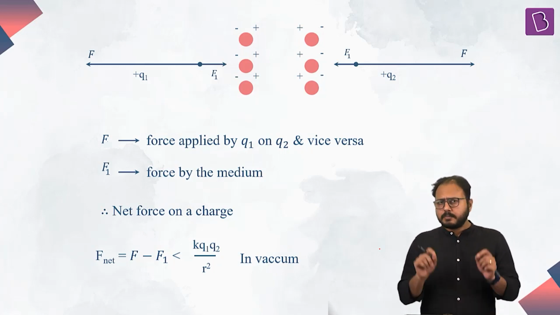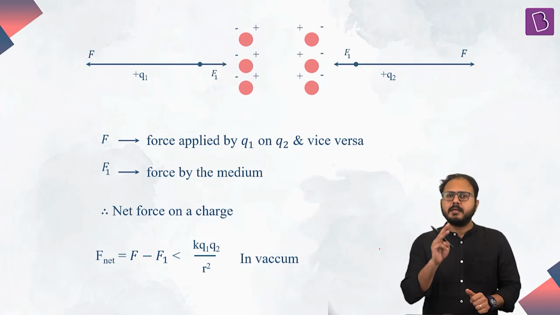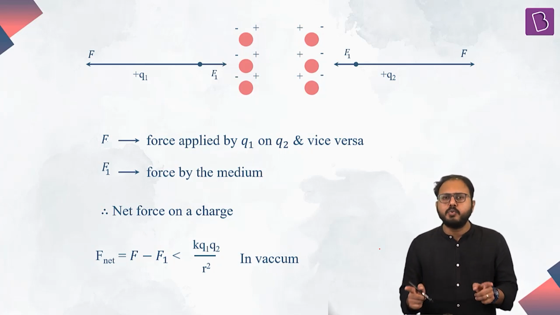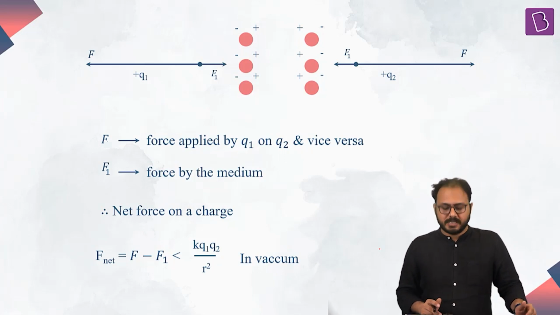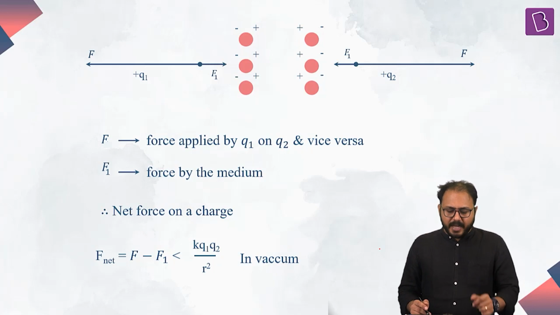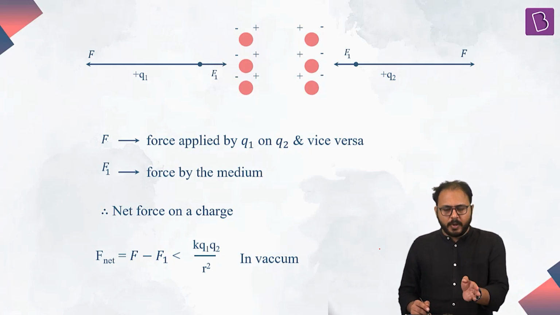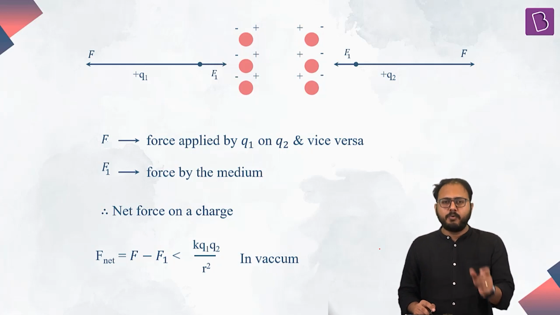Understand something. When two charges are actually in a medium, there is a third party apart from the two charges, which is the medium. What happens is, as shown in your diagram, that if F1 is the force applied by Q1 on Q2 and vice versa, there is an extra component force F, which is applied by the medium on the charge.